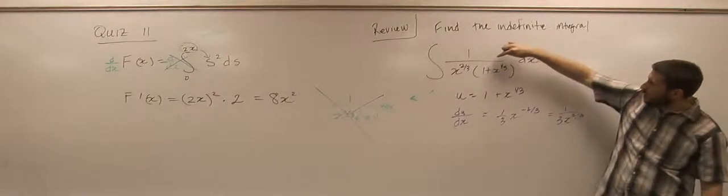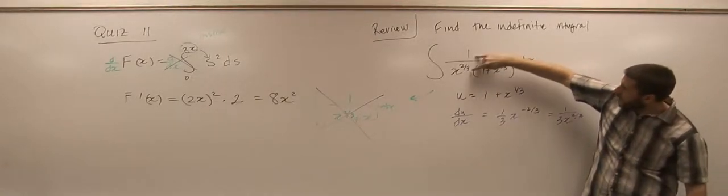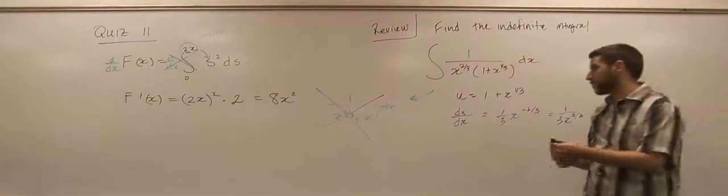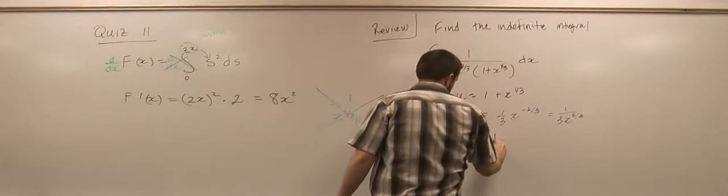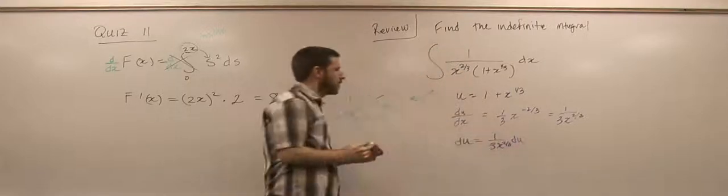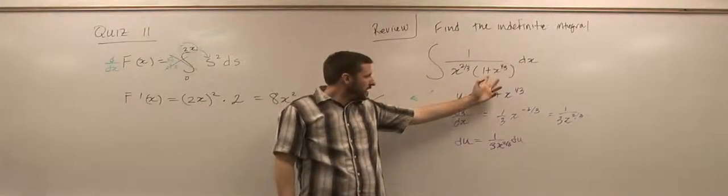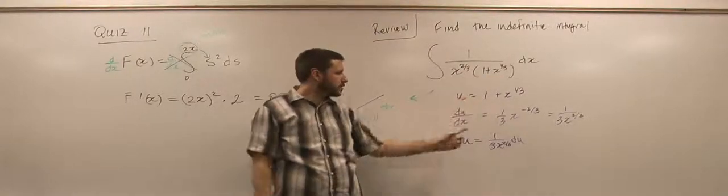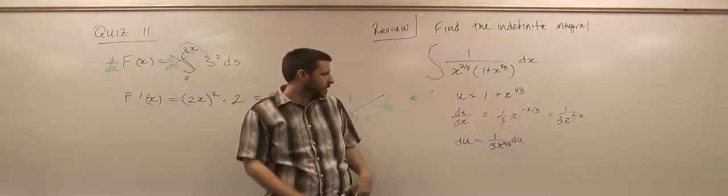So then if you look in your original integral, you have a u on the bottom, and then this 1 over x to the 2/3 is basically your du. So this relationship between 1 plus x to the 1/3 and 1 over x to the 2/3 is allowing you to do a u substitution.